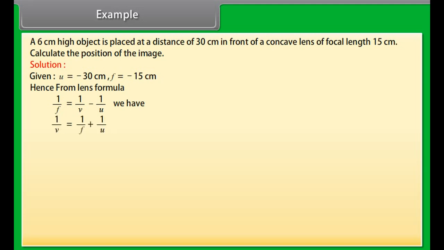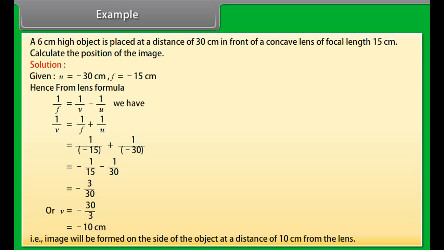We have 1/V = 1/F + 1/U = 1/(-15) + 1/(-30) = -1/15 - 1/30 = -3/30, or V = -30/3 = -10 centimeters. That is, the image will be formed on the side of the object at a distance of 10 centimeters from the lens.